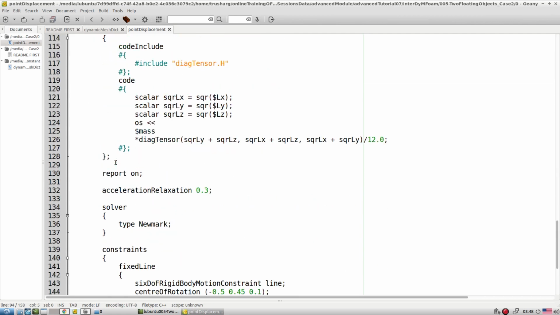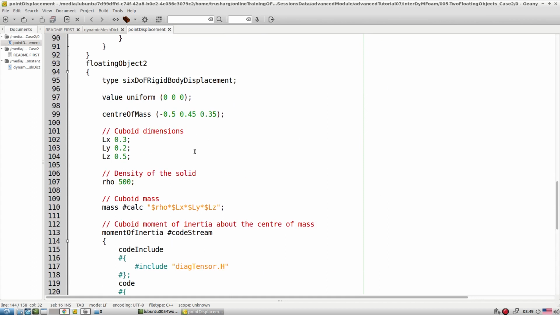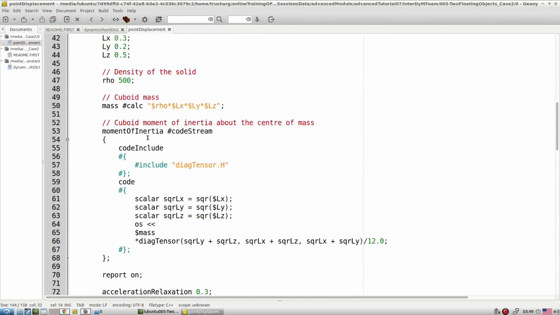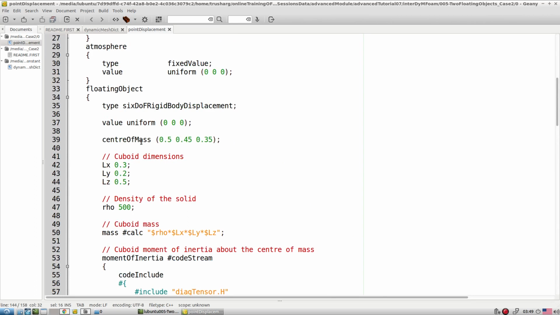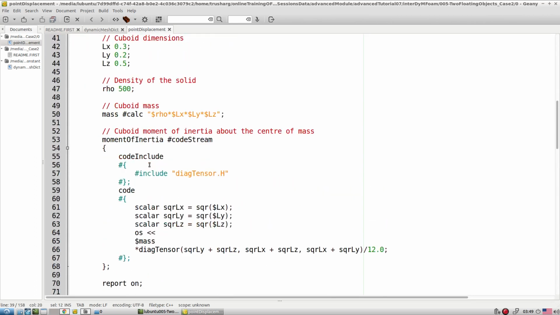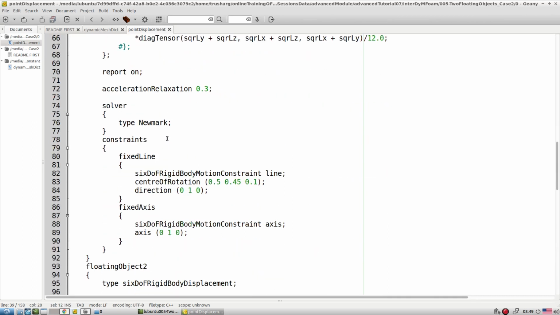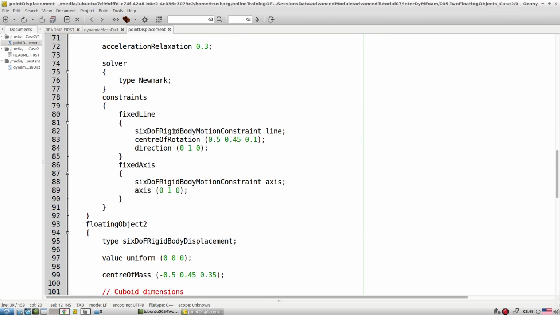I say you can individually specify the motions whatever way you require, but when you are specifying individually, make sure your center of rotation is changed. Okay, so a few changes you require, like in the same way we have to shift the center of mass, and the center of rotations. Moment of inertia we're going to calculate inside, so we need not worry. Okay, so the 6 DOF rigid body motion constraint.